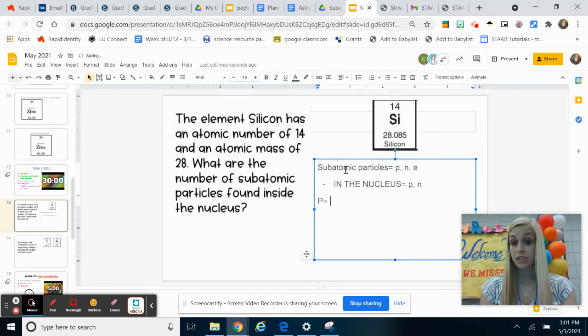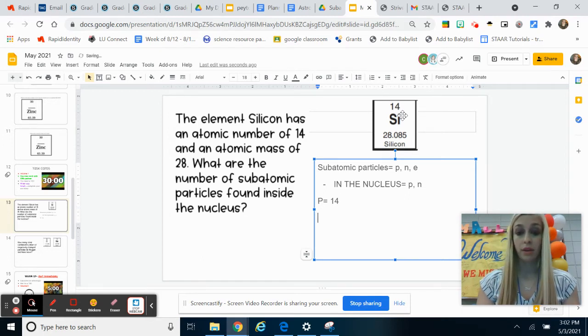For protons, we're going to do APE. Atomic number equals protons or electrons. The atomic number is the number on top. So the number on top of the element or the atomic number equals the number of protons. So silicon has 14 protons. The atomic number also equals the number of electrons, but those aren't in the nucleus, so we're not worried about that.